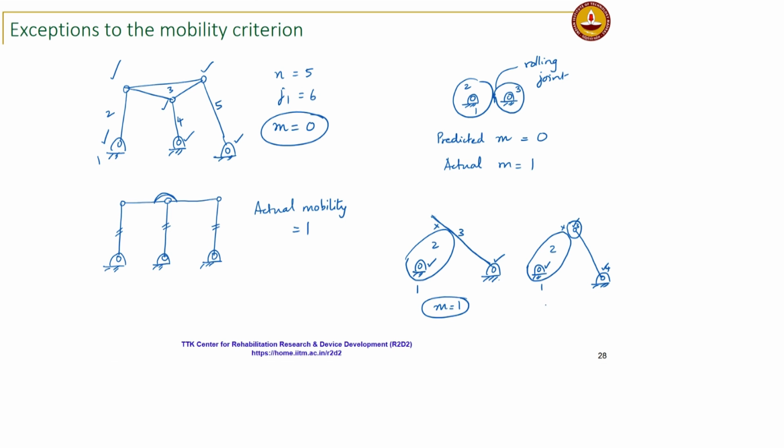What is my mobility here? I have n equal to 4, j1 equal to 3, j2 equal to 1, gives me a mobility of 2.